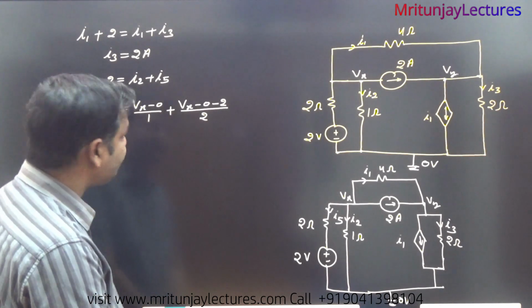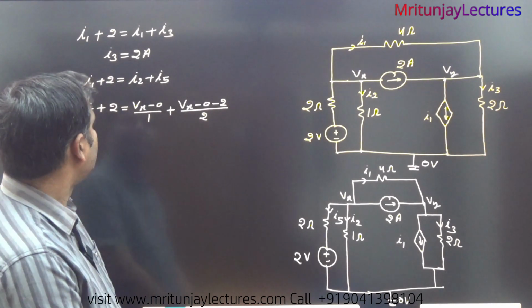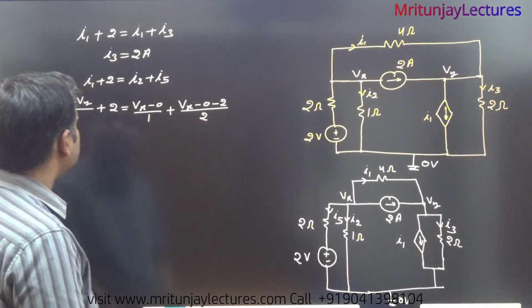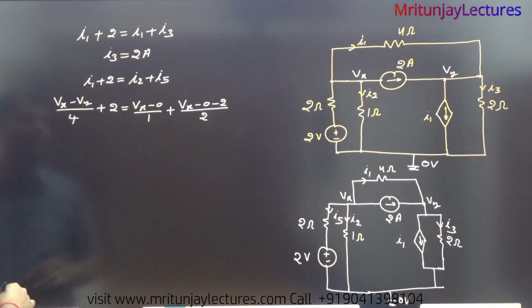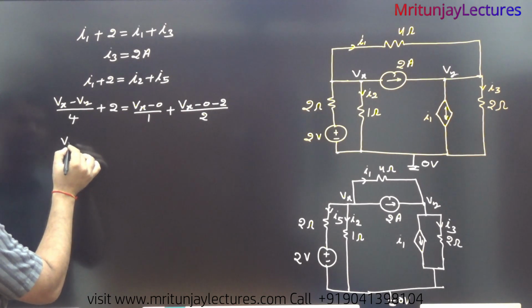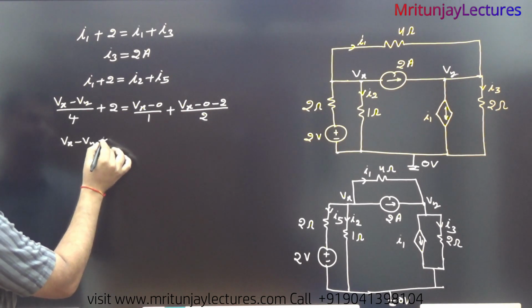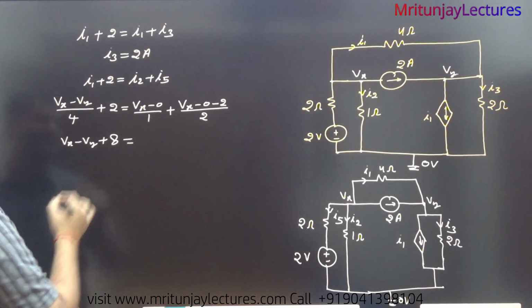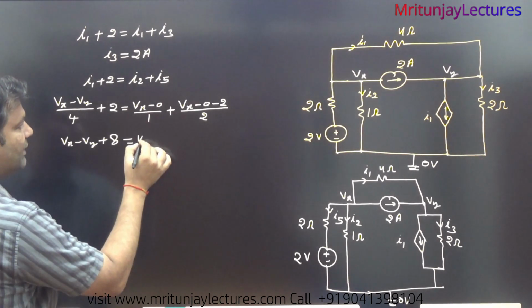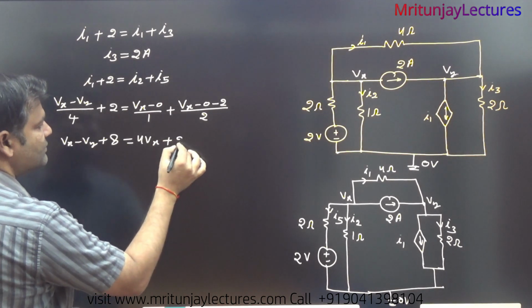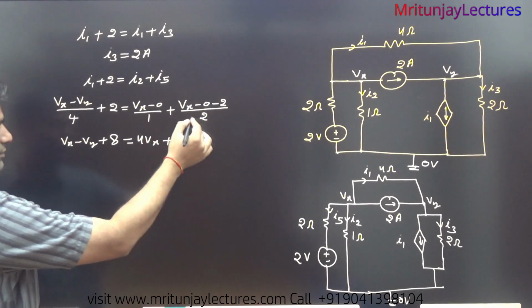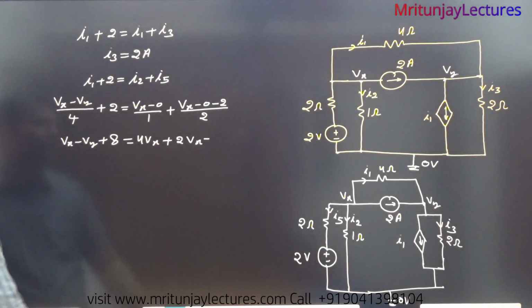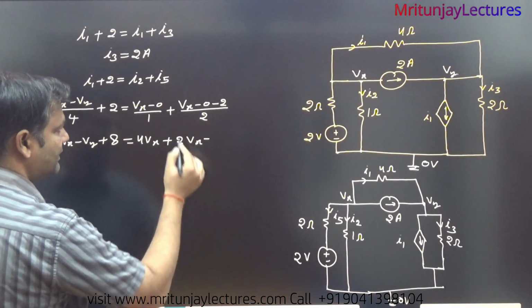Clear or not? Now if we multiply on both sides, we get Vx minus Vy plus 8 is equal to 4 times Vx plus 2 times (Vx minus 2), because 4 divided by 2 is 2, so multiply by 2 here.